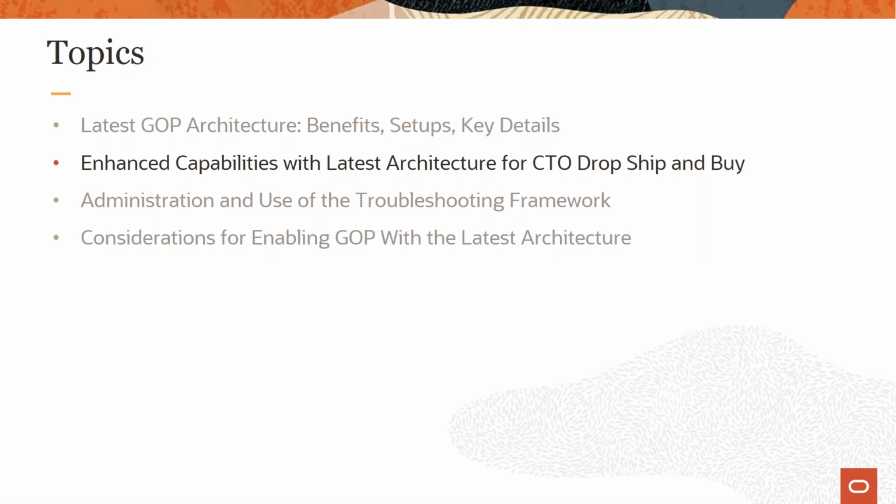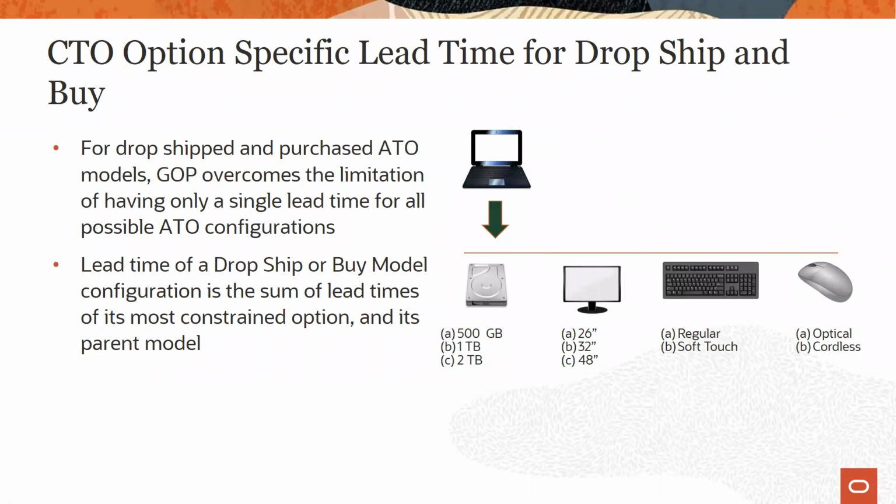Let's now talk about some of the enhancements that have been carried out to support CTO dropship and buy related flows. So for CTO and buy related flows of configure to order items with this database centric architecture, the specific option level lead time calculations are taken into consideration while promising using both dropship and buy flows.